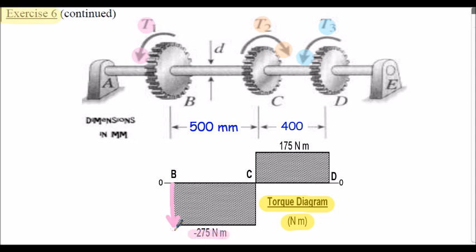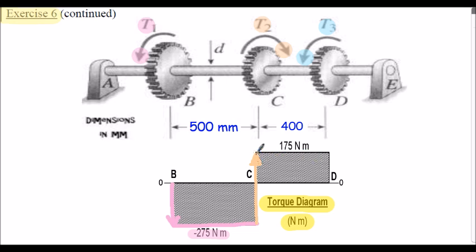That's then a constant torque across section BC. And at gear C, we now have a positive torque applied, and we're given in the question that's 450 Newton meters. So we draw our torque at C in the positive sense here, upwards on our diagram.